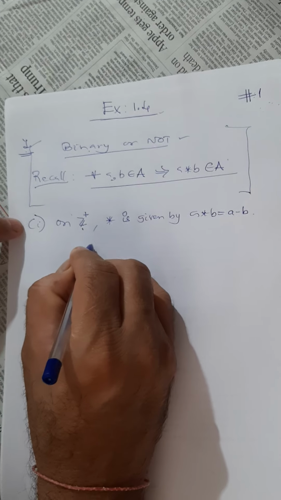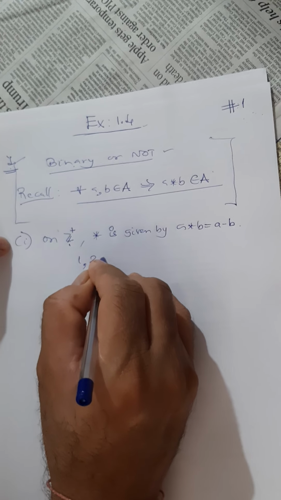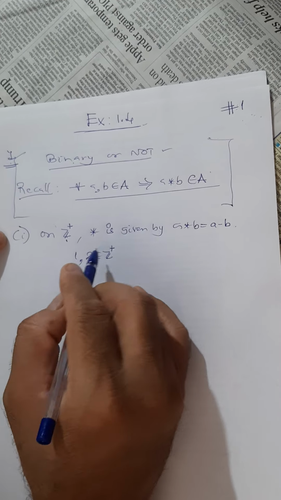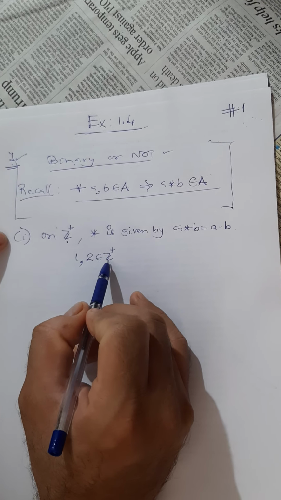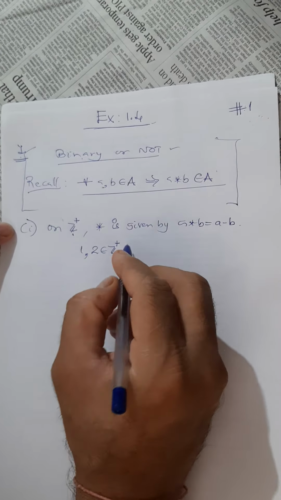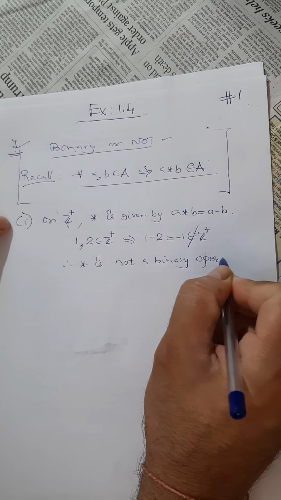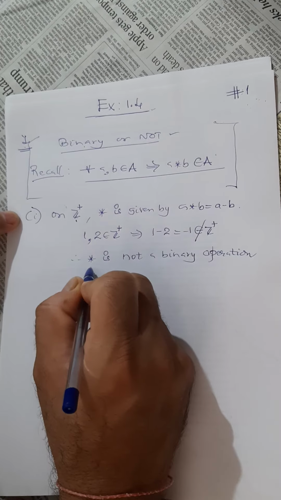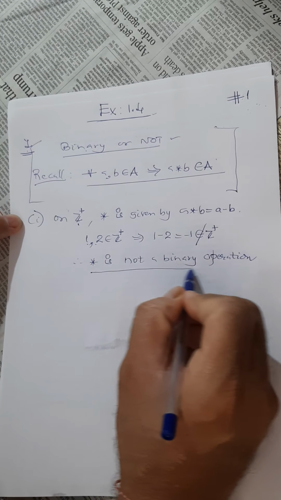So if I take 1 and 2 from Z plus, again emphasizing Z plus means positive integers, and apply the operation, 1 minus 2 is minus 1, which is not in Z plus. So you can say that asterisk is not a binary operation. One example is sufficient, remember.